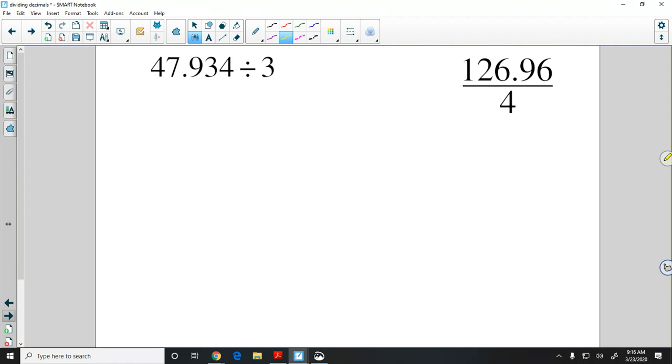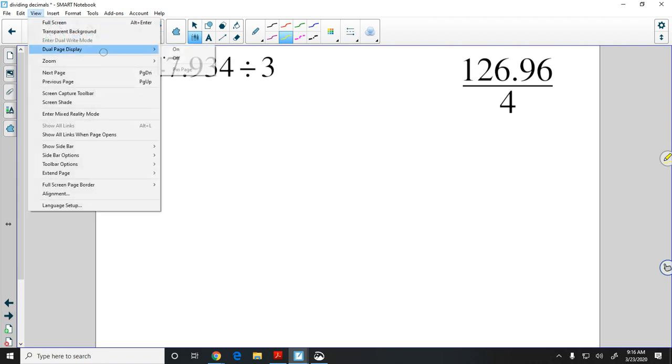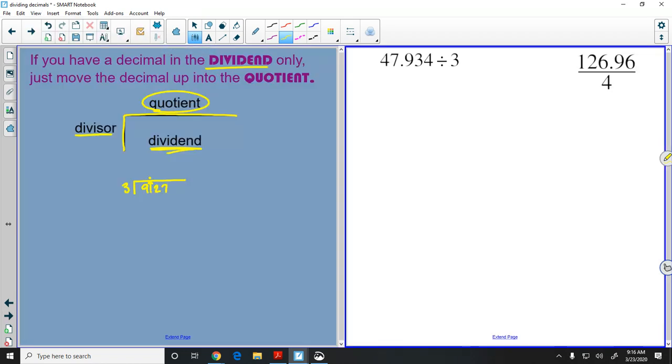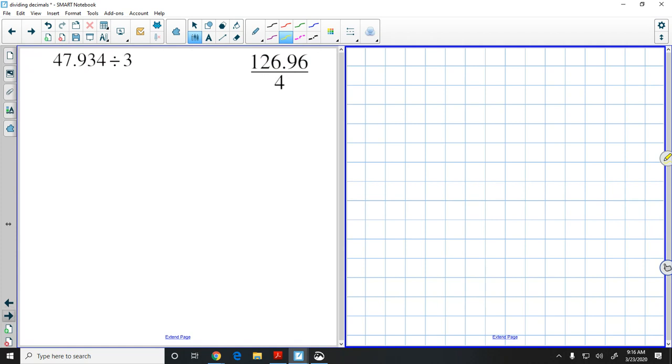Now, let's practice a few like this. I'm going to change the view here to dual page because I have some handy dandy graph paper that I want to use. When doing long division, I really like using graph paper because it organizes my work.